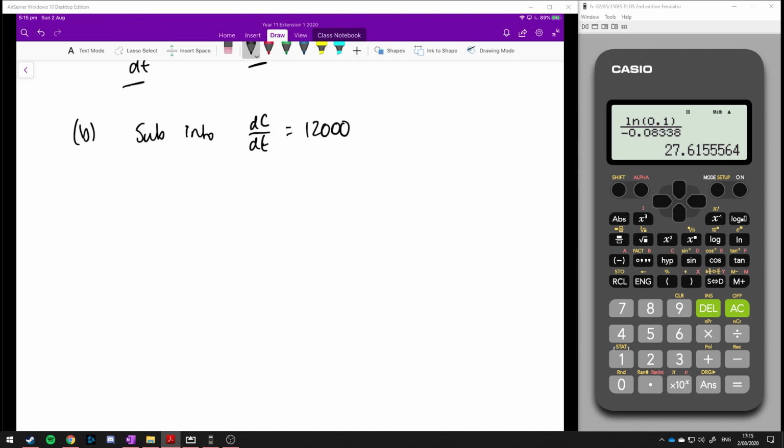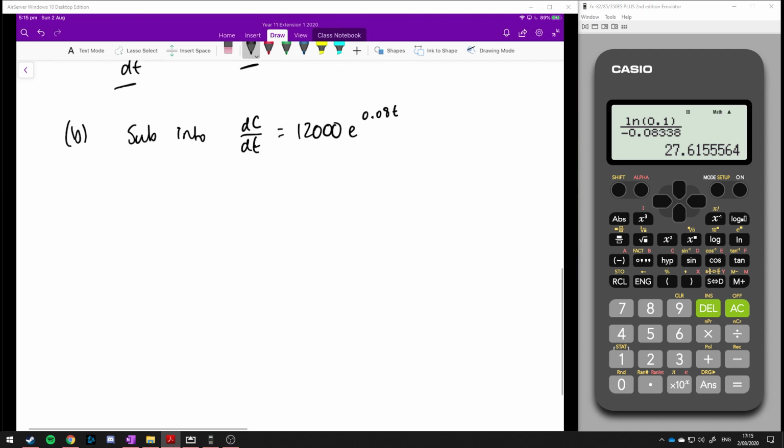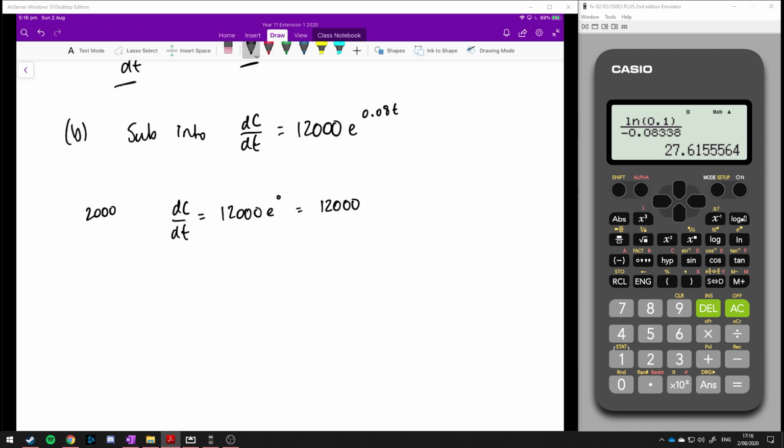So our derivative is 0.08 times 150,000, which is 12,000 e^(0.08t). So on January 2000, dC/dt is equal to 12,000 e^0, which is just equal to 12,000.